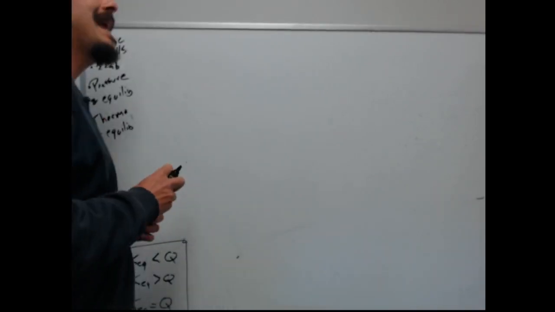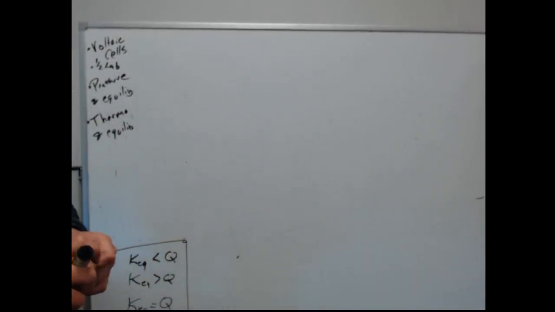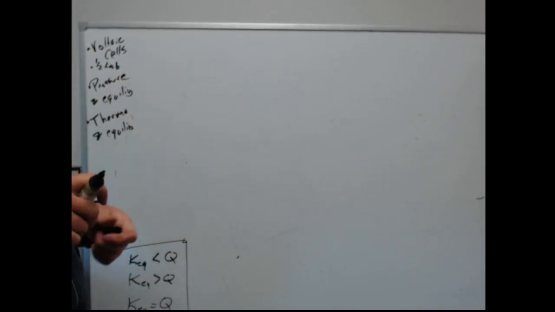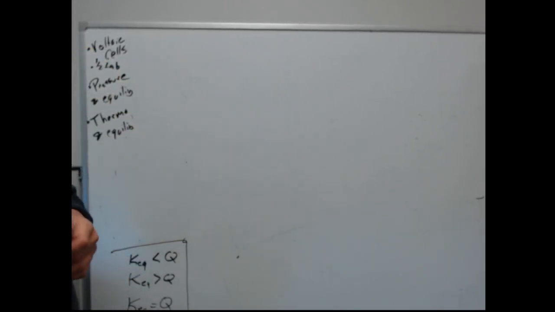So we say, okay, how do we actually use this information to do something interesting? Let's do... I think I'm going to have to pull up an example real quick, because I was trying to come up with an example off the top of my head, but all of the examples I was coming up with were things that are billions of times more products than reactants.